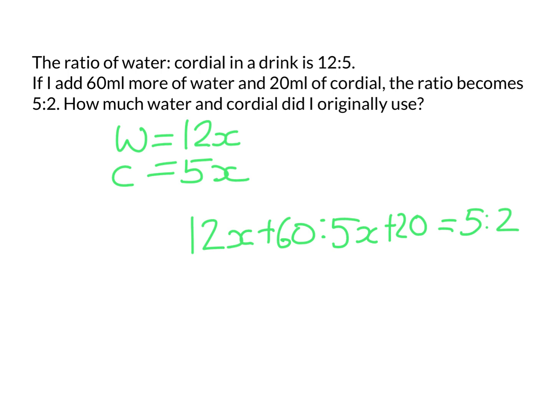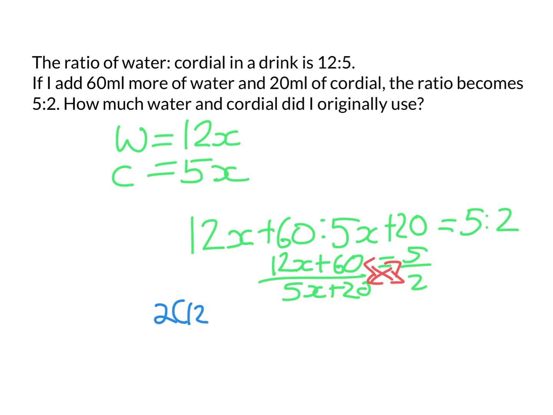Well, it turns out there is. We can actually write these as fractions. If these are equivalent ratios, they are going to be equivalent fractions. You know how to solve equations like this, lucky we did a lot of practice. You cross multiply. So we just get the equation 2 times (12x plus 60) equals 5 times (5x plus 20).